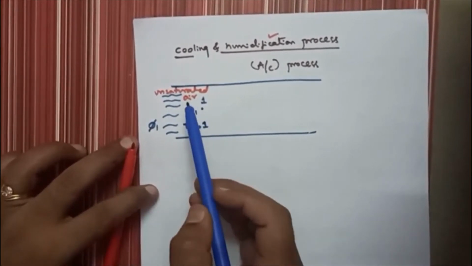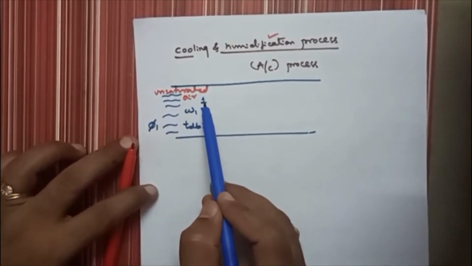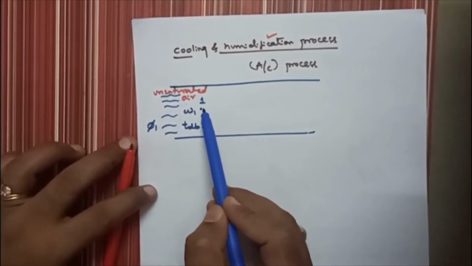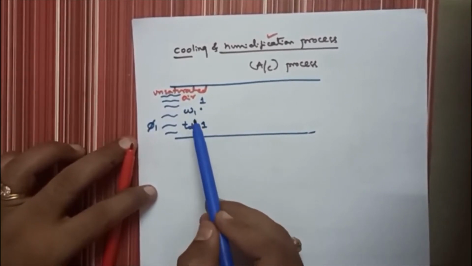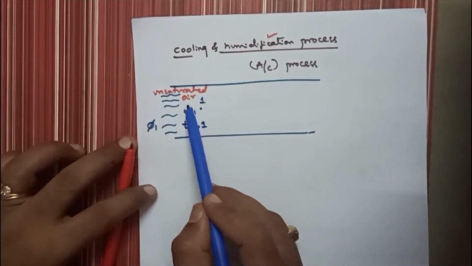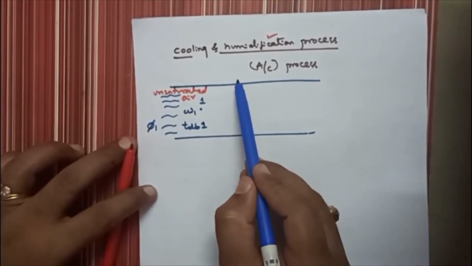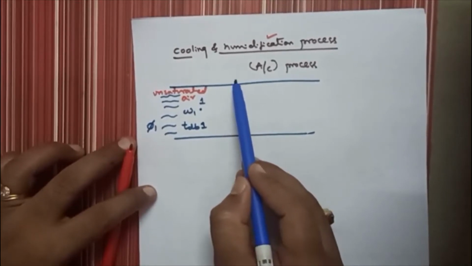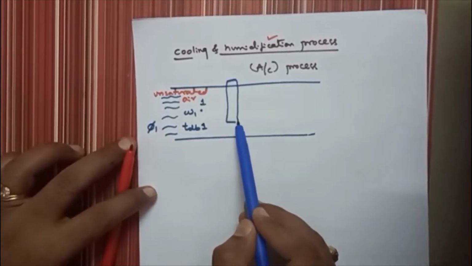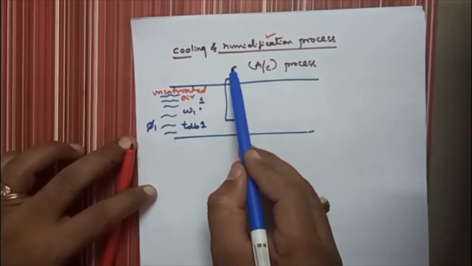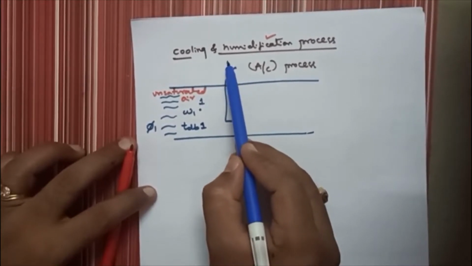Now this unsaturated air at point number 1 inlet passes through the humidifier, because I need to increase the moisture content since it is unsaturated air. So I will consider one humidifier here to make it saturated. To the humidifier I will supply water.